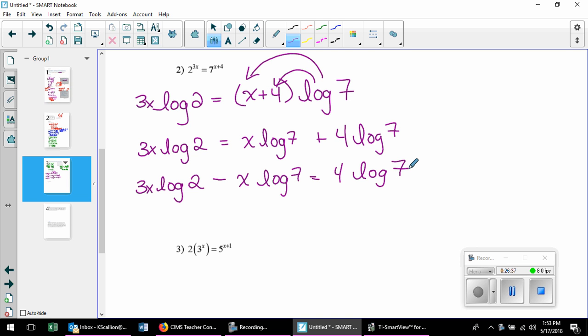They're totally different things. What I can do, though, is common factor out the letter x. This type will be on exams and definitely will be on your test.